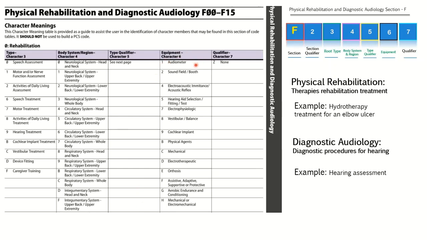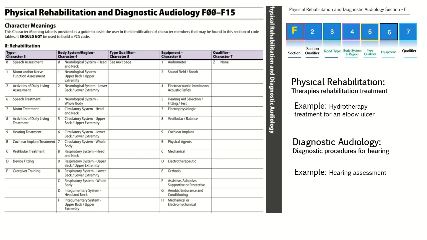You can see audiometer, sound field booth, electroacoustic emittance, acoustic reflex, hearing aid selection, electrophysiologic, and I want to go back to hearing aid selection fitting test. Keep in mind, this is rehabilitation, and the diagnostic audiology is just pretty much diagnosing the hearing condition.